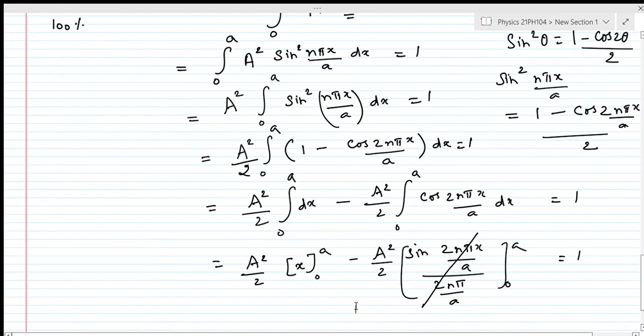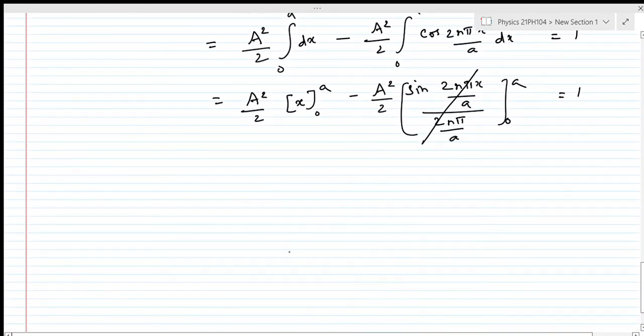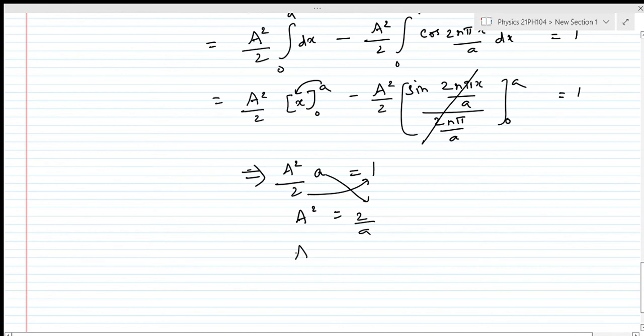Therefore, we get only A squared a by 2, which is equal to 1. A squared is equal to, rearranging this, 2 by a. A is equal to root over 2 by a. So I will get 2 by a with a square root.